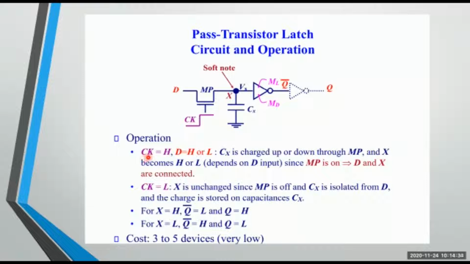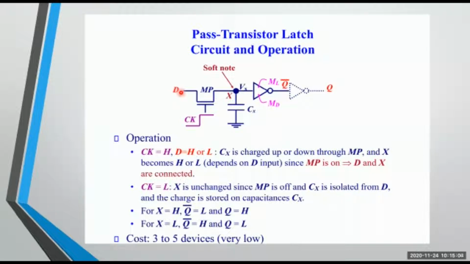So let us see the operation of this particular circuit, how it happens. Whenever the clock is high, D can be low, logic zero, or logic high, depending upon the input whichever we give. Then depending upon that, CX is charged up or charged down through the MP. If it is a low signal, then it will be charged down.